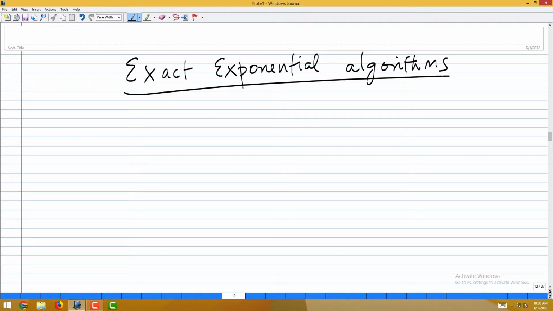Here the goal is to improve the base of the exponent. In the world of exponential functions, there is n factorial, 2 power n, 1.3 power n, and we want to just improve the base.